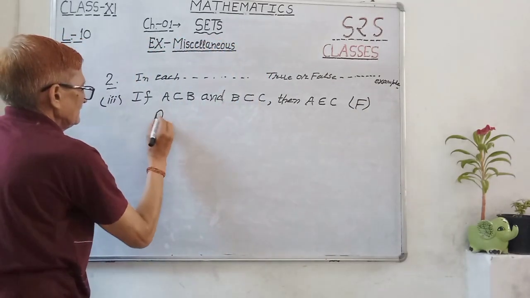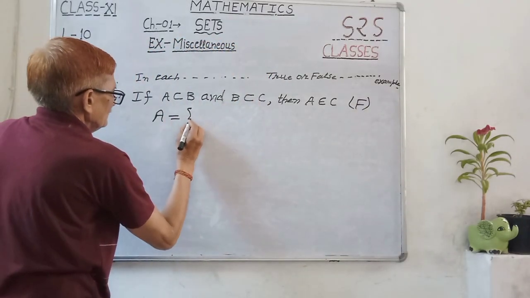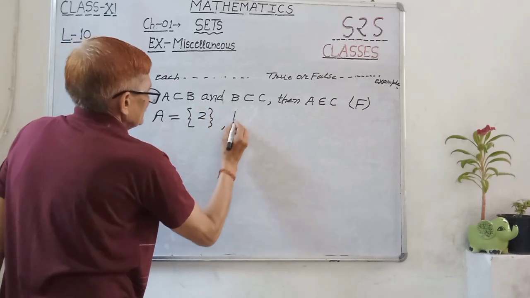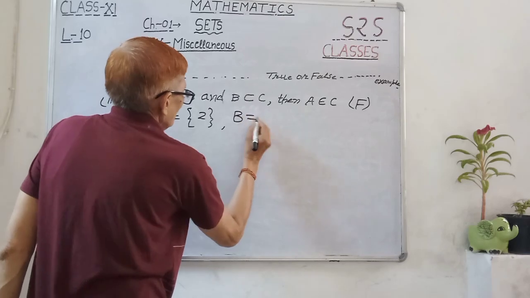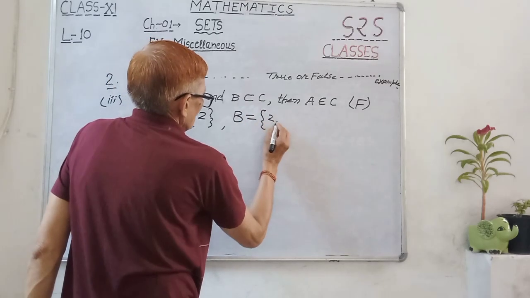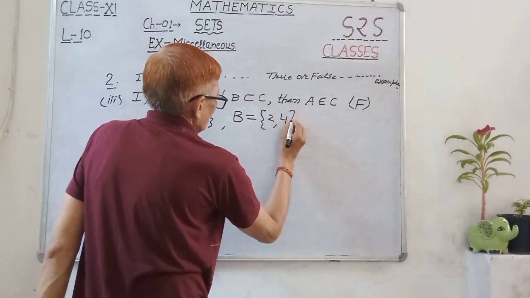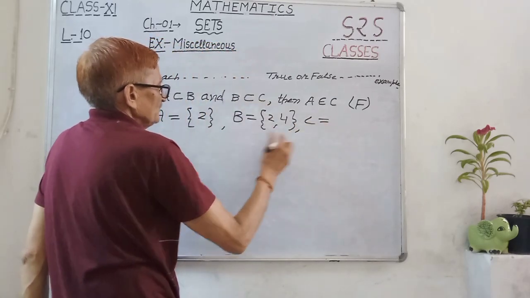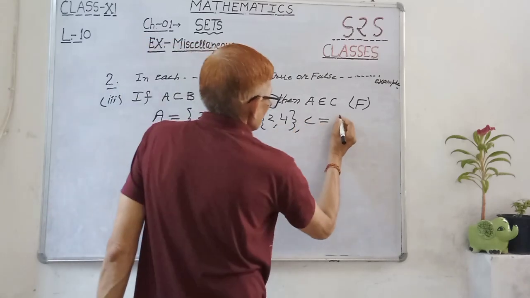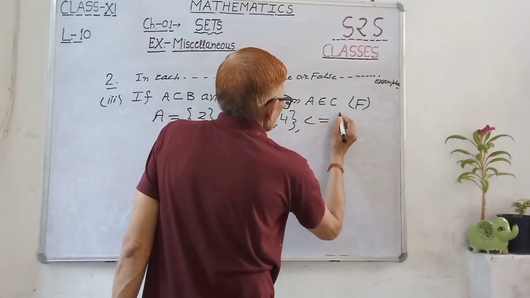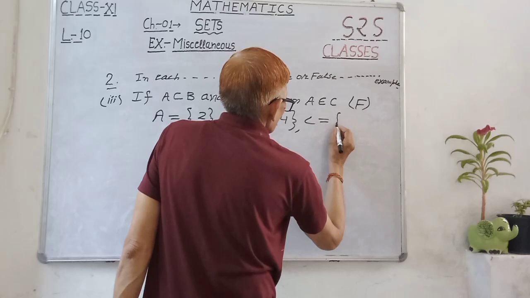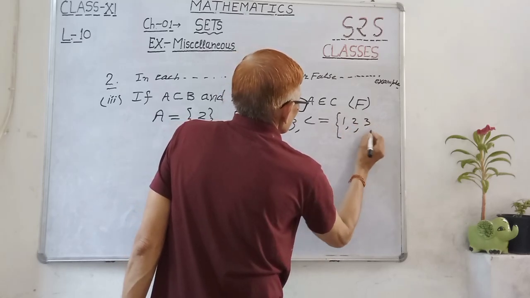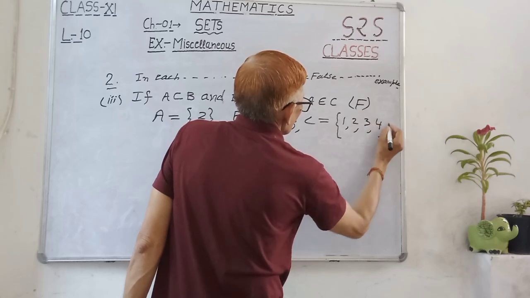Example, we can say A is equal to, let us suppose, 2. B is equal to 2, 4, and C is equal to 1, 2, 3, 4, 5.